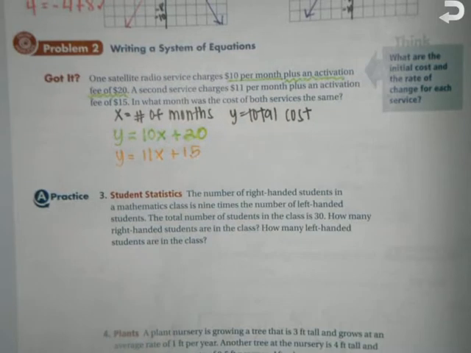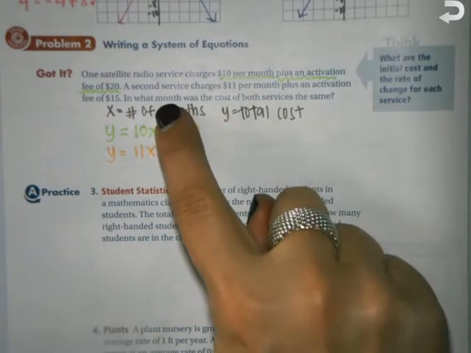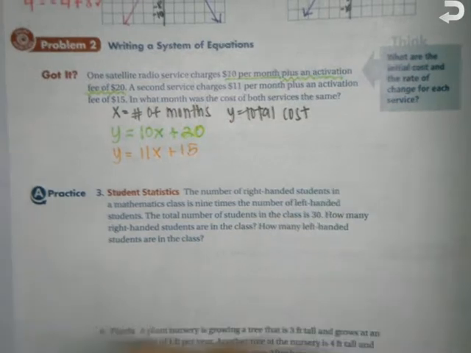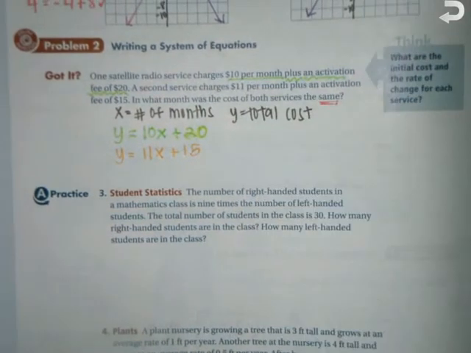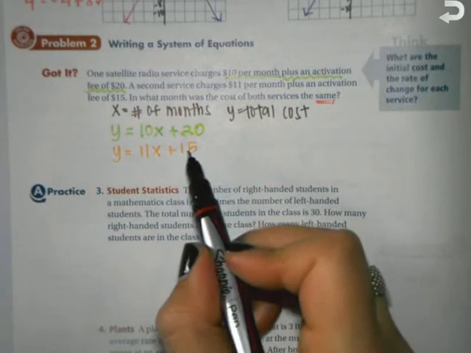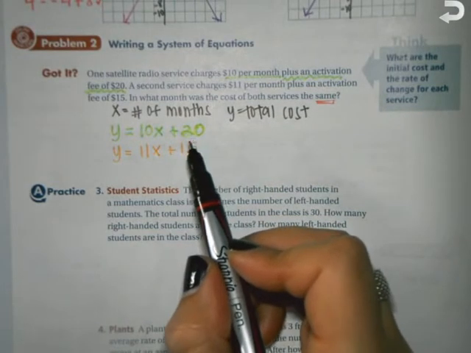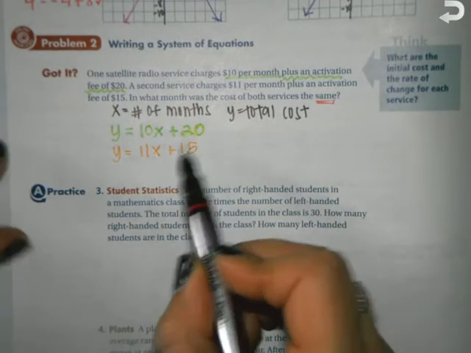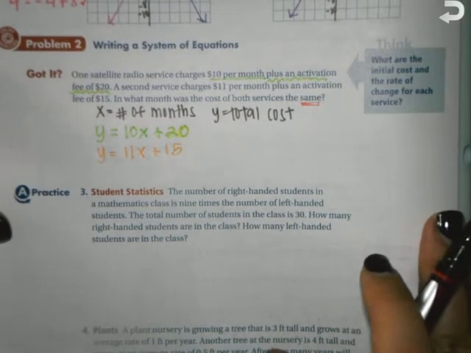The next question was, in what month was the cost of both services the same? So we have two options here. We can graph it, but when we tried graphing it in second period, it all goes all crazy because our rate of change is 10, our y-intercept is 20, and then all these other ones. So let's think about what's going on here.